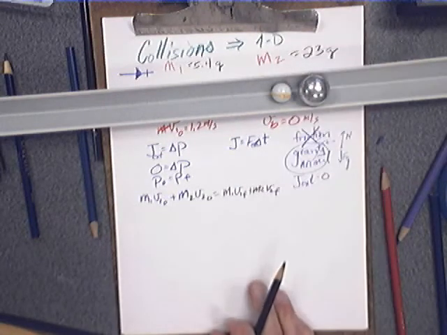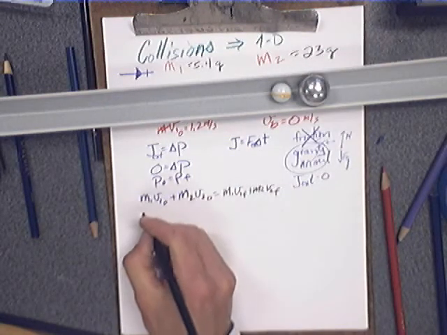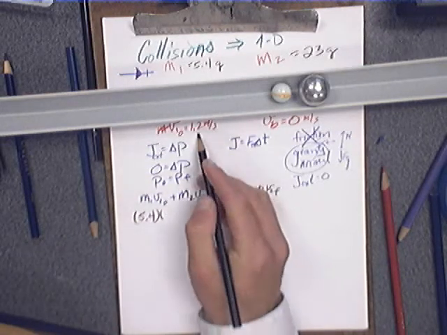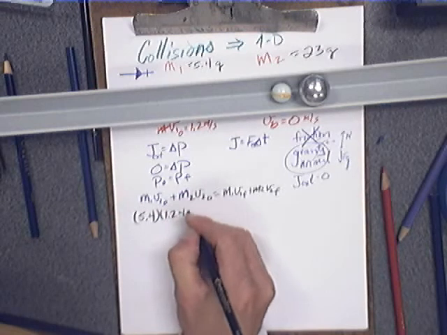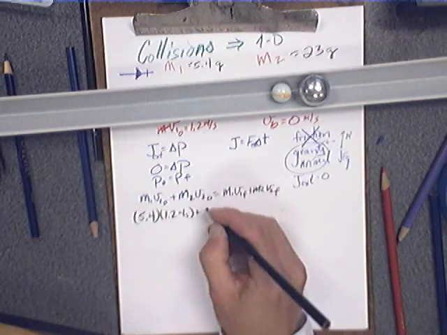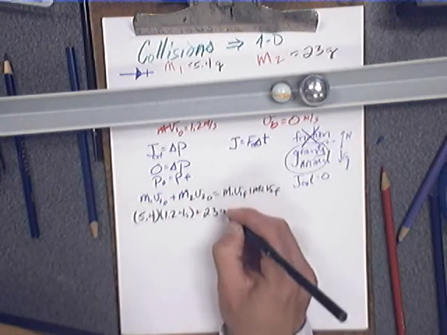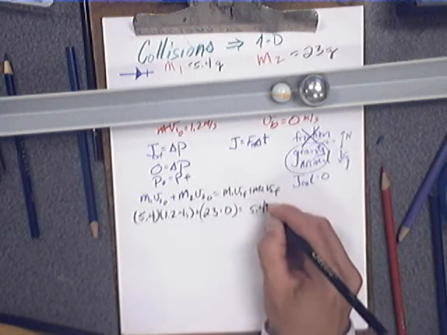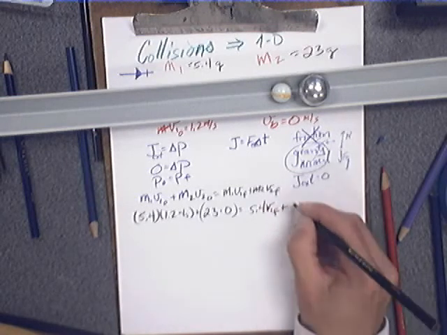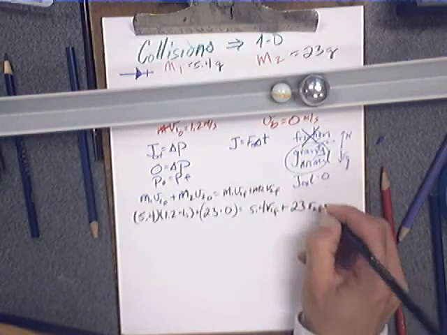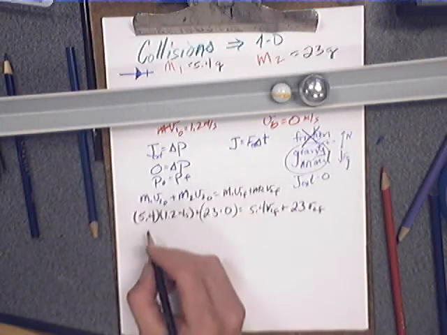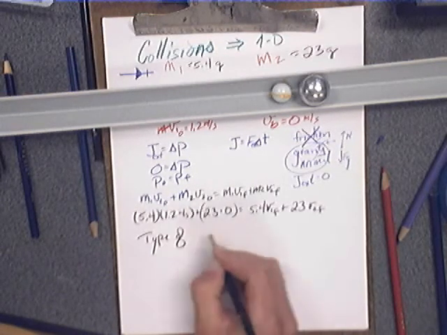So 5.4 grams times my initial speed of 1.2 meters per second, plus 23 times velocity 2 initial, which is 0, equals 5.4 times velocity 1 final plus 23 velocity 2 final. That's one equation and one unknown. I need some more information. I need to know the type of collision.